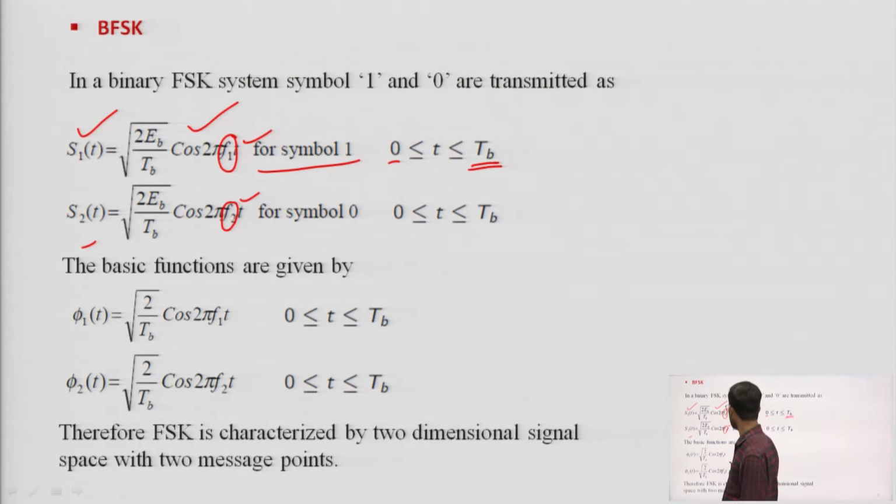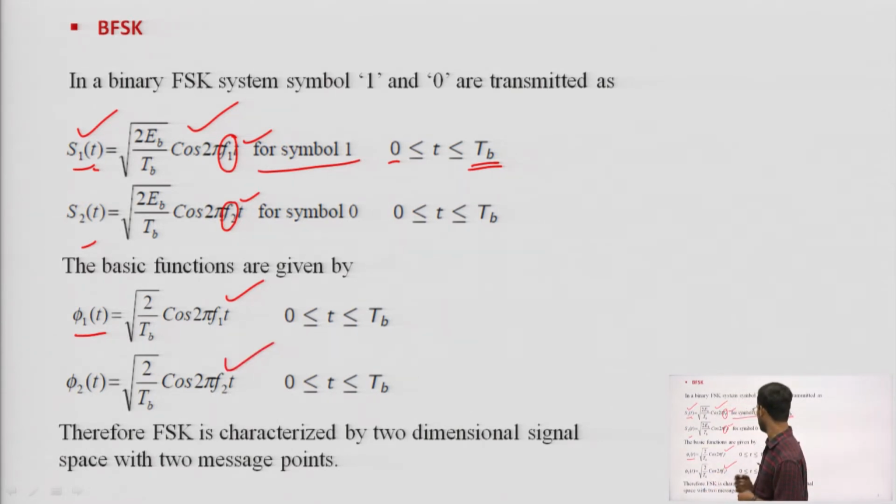The basis functions, as we know from the last lecture, are: for S1(t), phi 1(t) equals root(2 by TB) cos 2 pi F1 t, and phi 2(t) equals root(2 by TB) cos 2 pi F2 t.